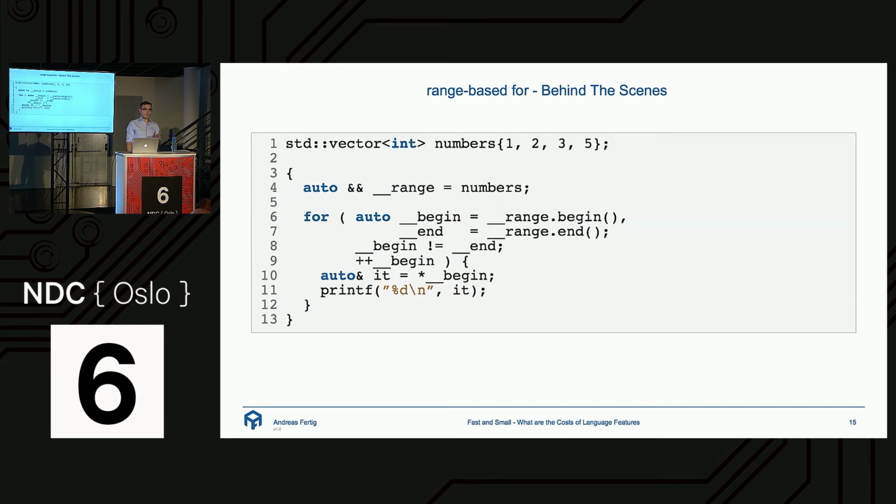Applied to our example, the code internally generated for our numbers example looks like this. Numbers is our range initialization. Vector kindly provides us with 2 members for begin and end. The next step of the compiler would be to look for begin and end in the global scope.